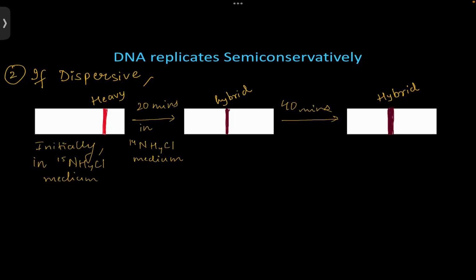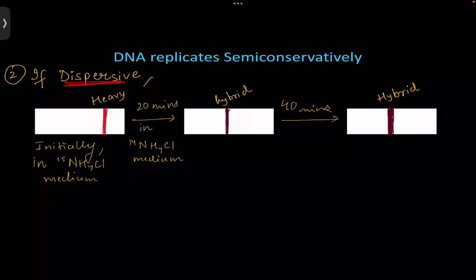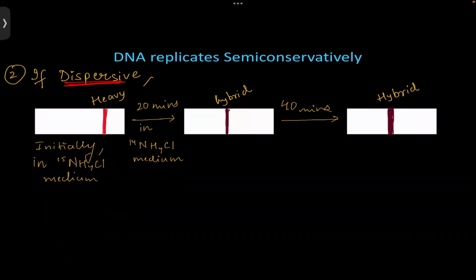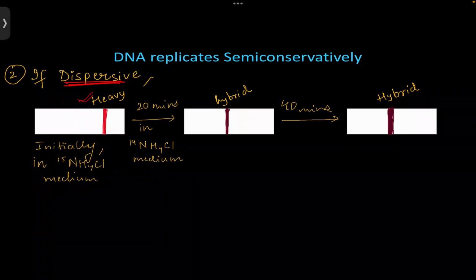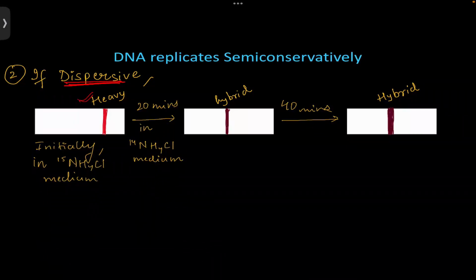Whereas if the replication were, say, dispersive in nature, meaning the original DNA strands get fragmented and each fragment is acting as a template for synthesis of the new fragment of DNA. In that case, initially, yes, we will get all the DNA molecules containing only N15 isotope, that is, they will be heavy in nature.